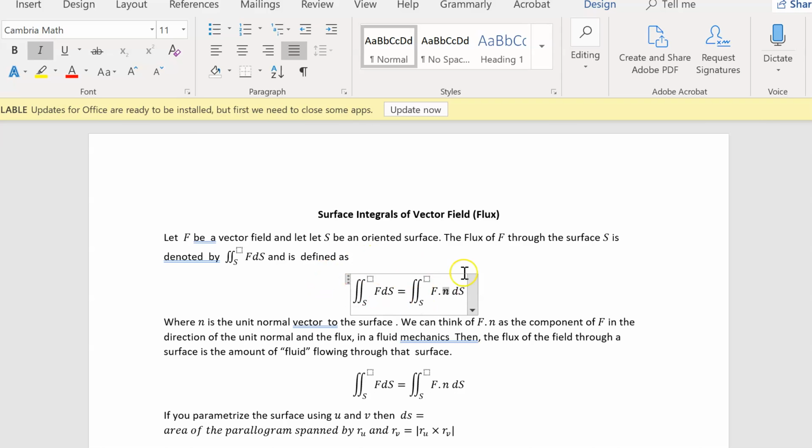If you think of a surface, at any point on the surface you can hold a sheet of paper tangent to the surface. That's like a tangent plane, and you can think about a normal to that tangent plane. If you think of that as a vector, that is n. So if you take F dot n, it's a dot product, so the final result is a scalar.